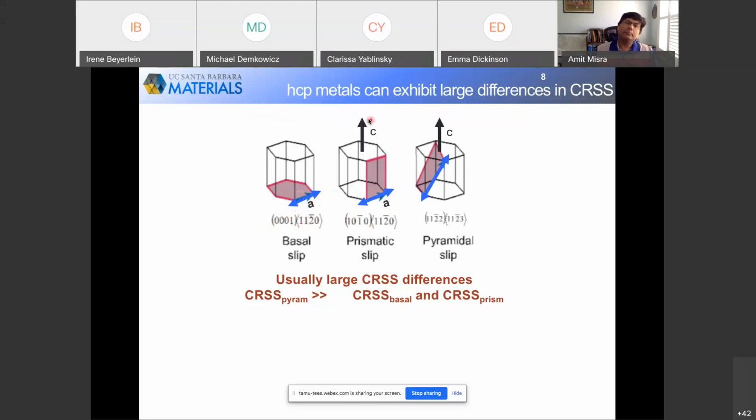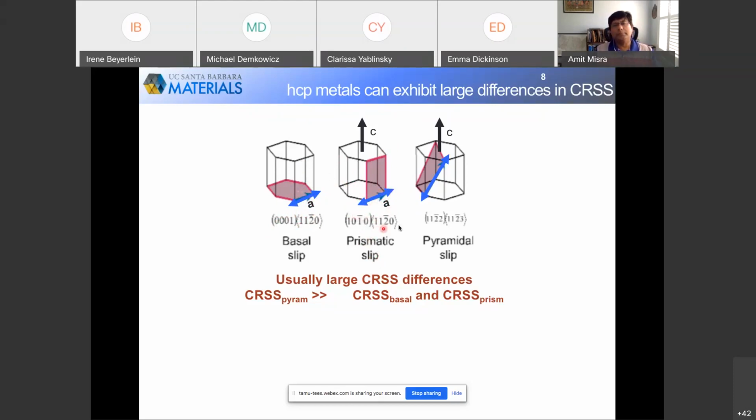Similarly, depending on the C/A ratio, this side plane, or what we call the prismatic plane, may be the atomically higher density plane and therefore tends to be the more favored slip system, the prismatic slip system. These two are alike in that they accommodate the deformation in the same direction.